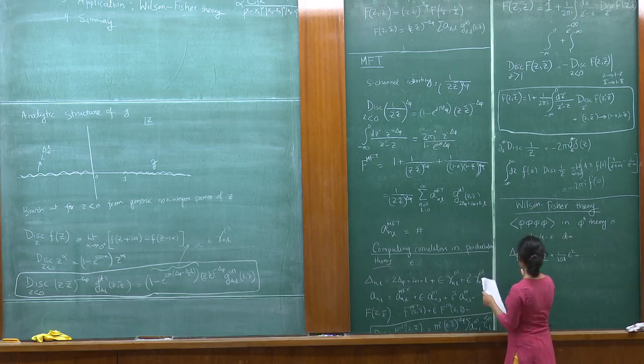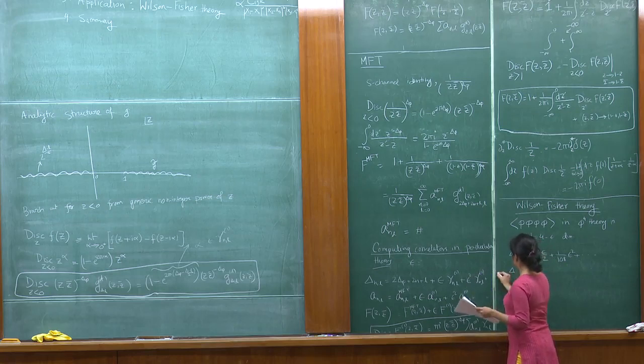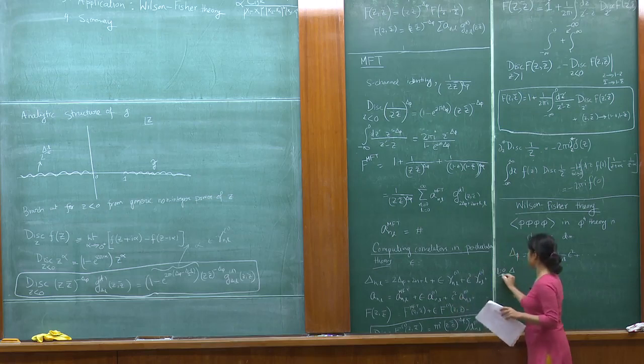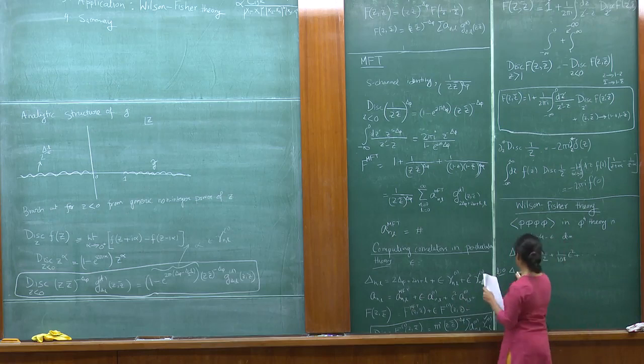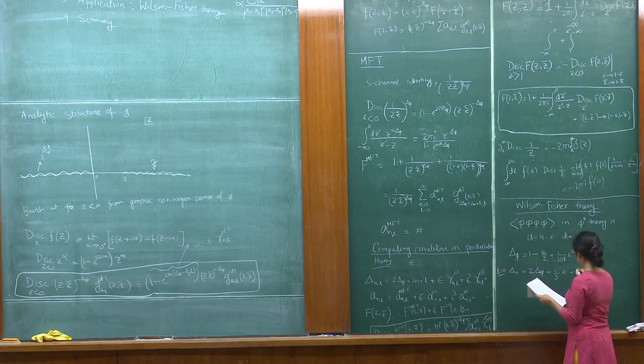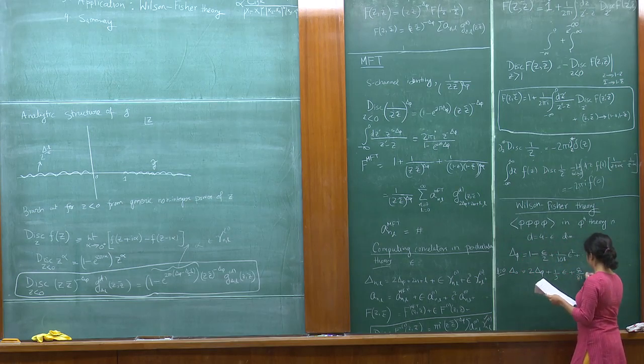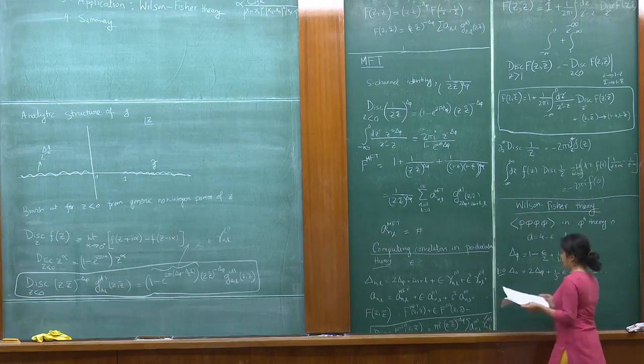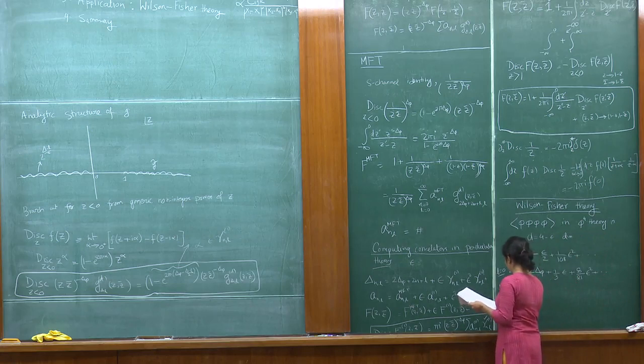And this is the spin 0 operator being exchanged, which is phi squared. We also have spinning operators, double trace operators.